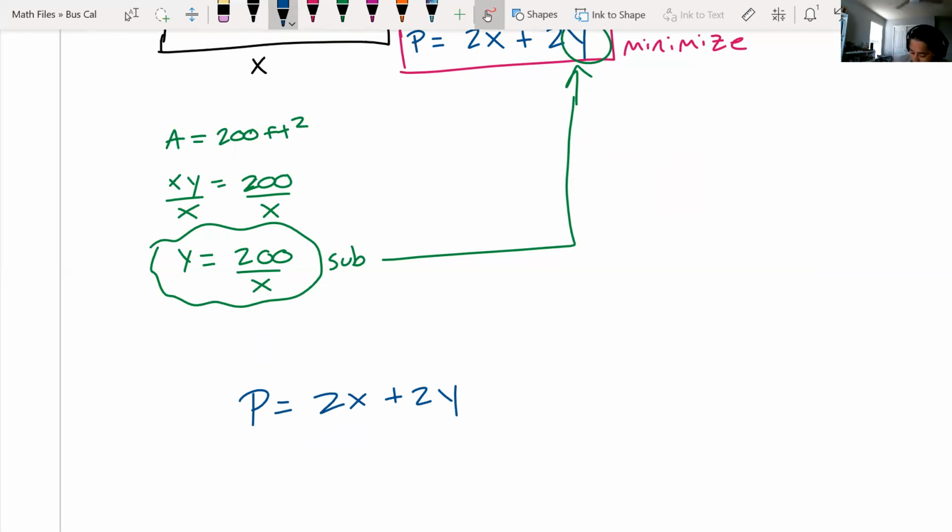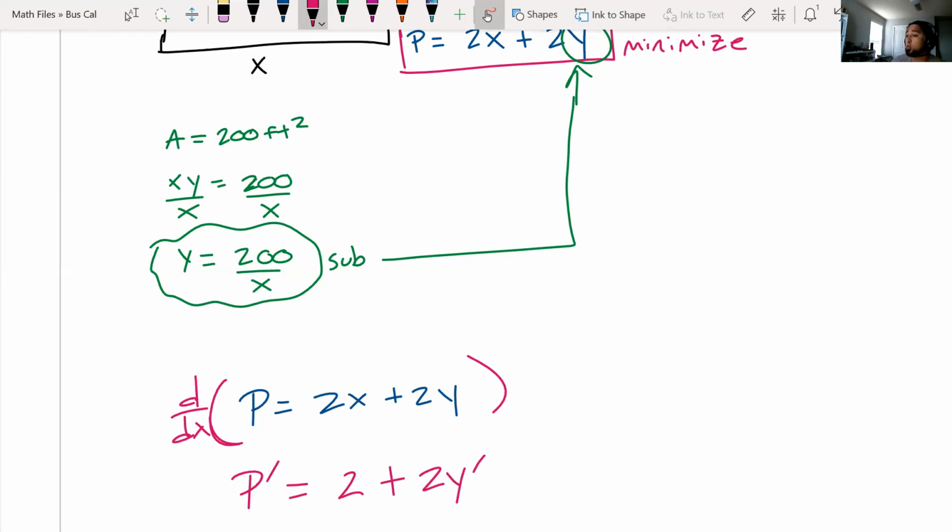If I said d over dx of everything, then I would get P prime equal to 2 plus 2y prime. Now this is our issue, the y prime.